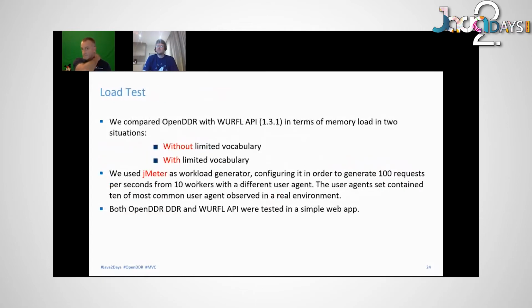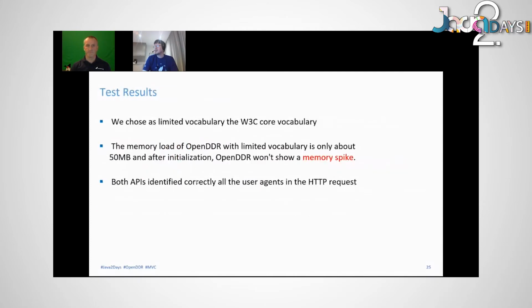This is also a little historic because obviously we were only able to compare OpenDDR and Worthful at the time when both were still open source, or until the point where Worthful was still open source. So that's a little bit historic. So it doesn't say anything about the current commercial Worthful libraries and device data that are out there right now, or they may be optimized if you pay for it.